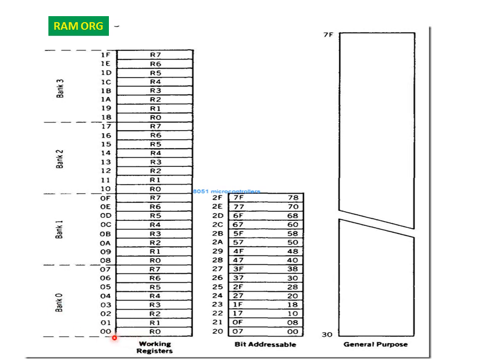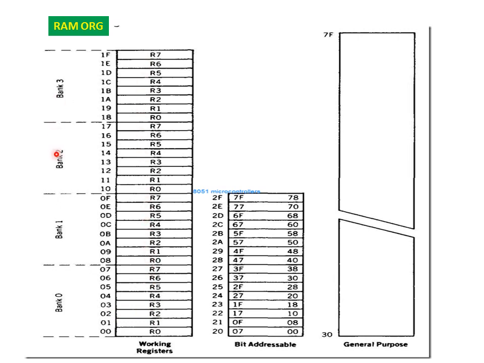For example, if I want to access bank 0, the PSW register is selected first, then 00, nothing but the R0 register, is selected, 01, the R1 register selected, 02, R2 selected, 03, R3 selected, and so on.